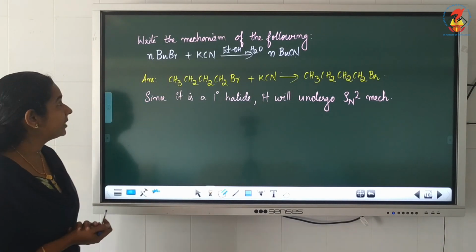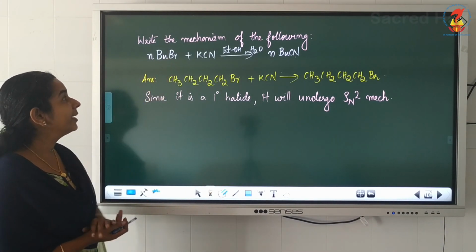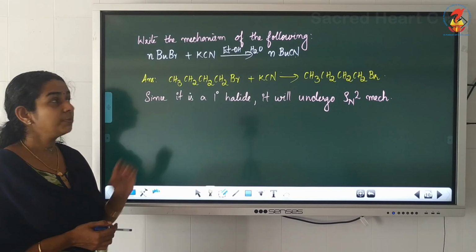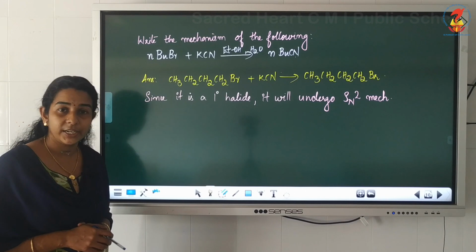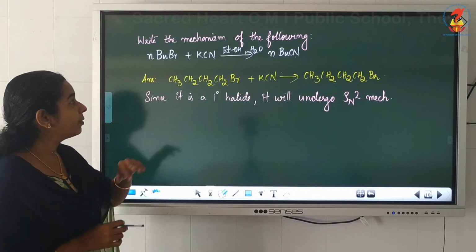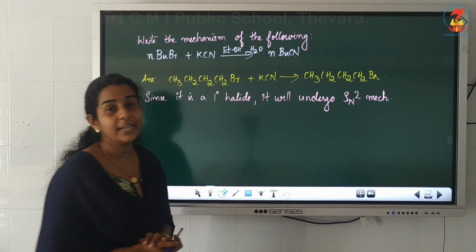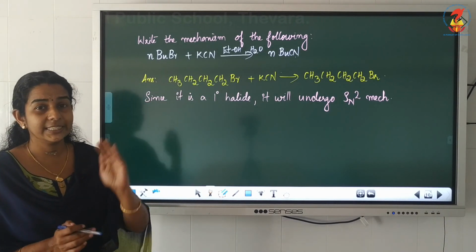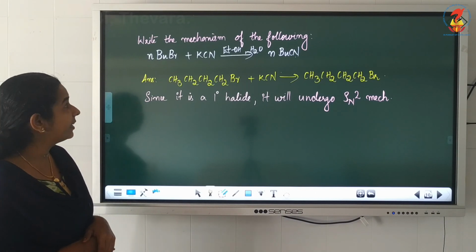Now the next question is, write the mechanism of n-BuBr with KCN. Small n represents normal, Bu represents butyl. So it is normal butyl bromide reacting with KCN to give n-BuCN, a normal butyl group with a CN group. If you write the equation, this is the equation we get.